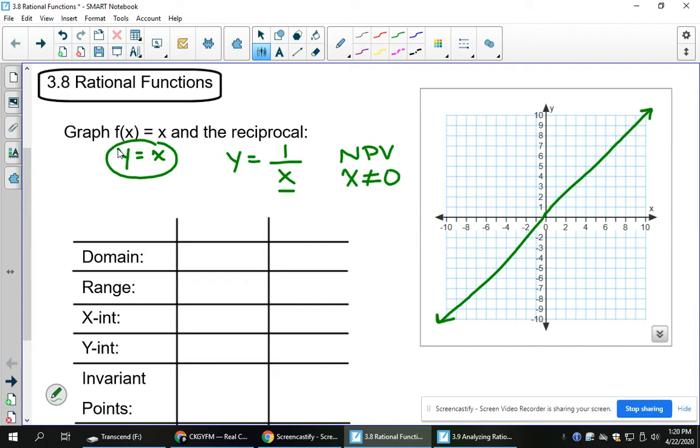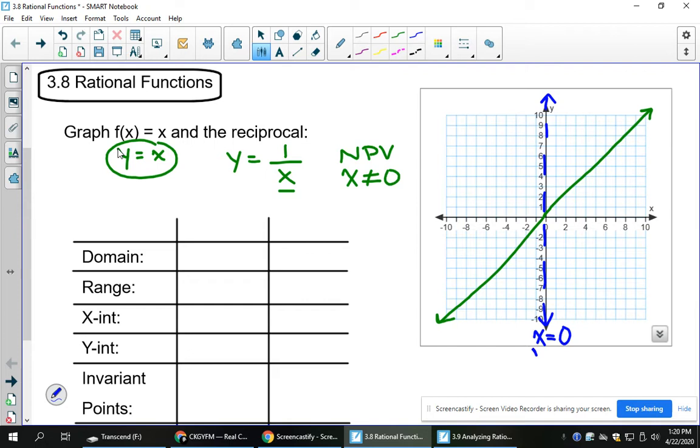What that does when you're trying to draw the reciprocal is it creates something we call an asymptote. It creates, at the line x equals 0, a dotted line that we never touch. So this is the line x equals 0 in blue. I'm going to write it at the bottom.